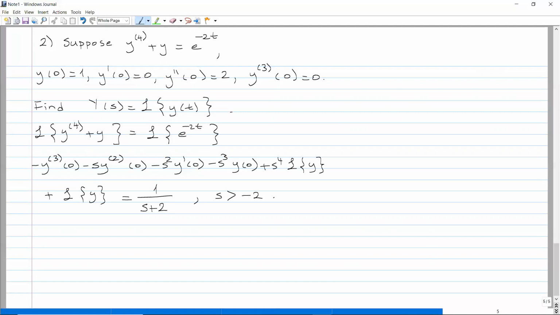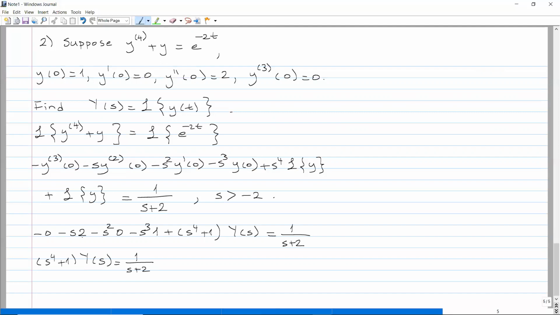Okay, third derivative of y at 0 is 0. Second derivative is 2. First derivative is 0. y0 is 1. And then s to the 4 plus 1 times Laplace transform of y. Remember, Y of s. So s to the 4 plus 1, capital Y of s, equals 1 over s plus 2.